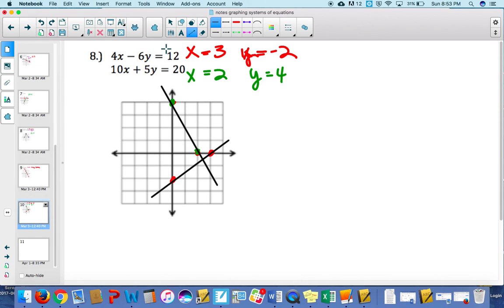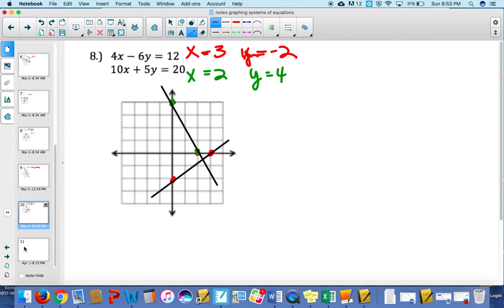Let's double check. 12 divided by 4 is 3. 12 divided by negative 6 is negative 2. 3 and negative 2. 10 divided by 2 is 5, 20 divided by 5 is 4. And so sometimes we have intersections that are not perfect, and that's going to be an example here. It's over about 3, down 1.5.